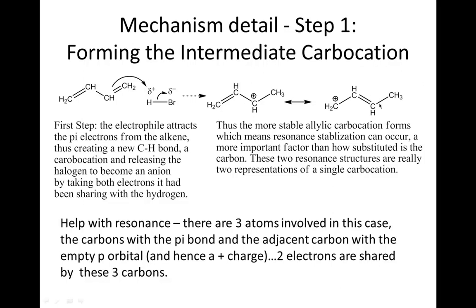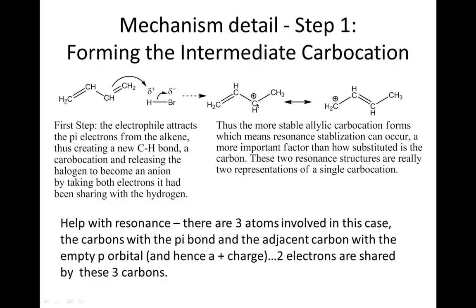Well, these two carbons would have some blue character to them, but the carbon in the middle would always be okay, so it would have a lot of red there. And so we need to be able to recognize that we have this resonance structure stabilizing this carbocation intermediate.